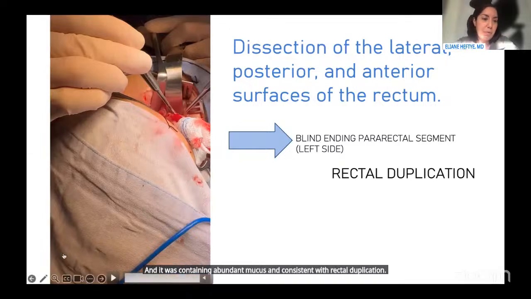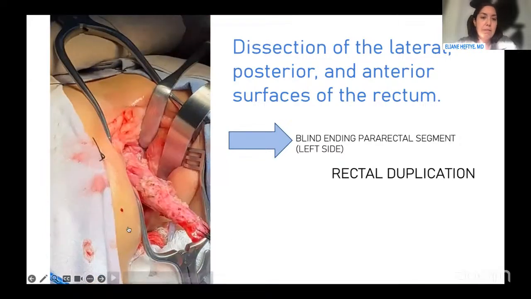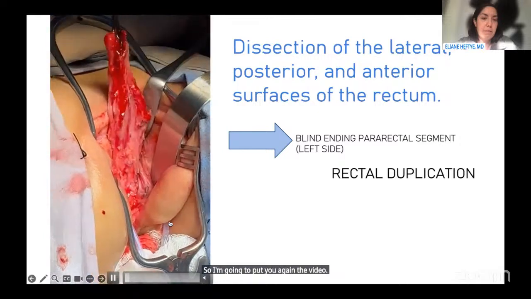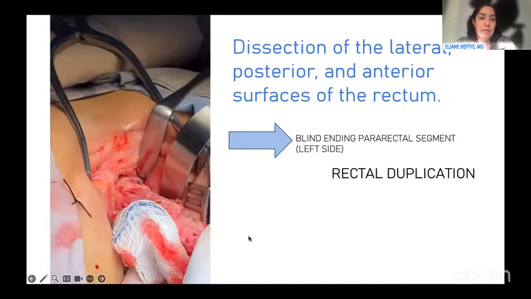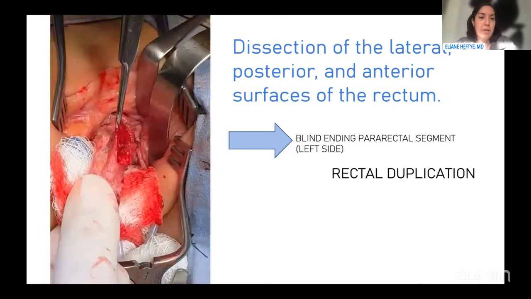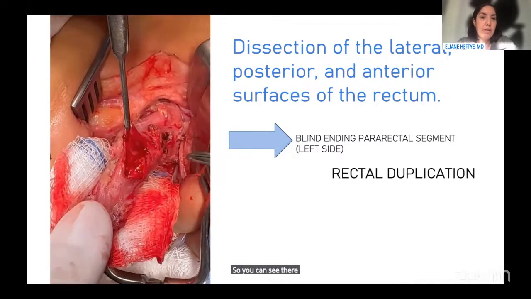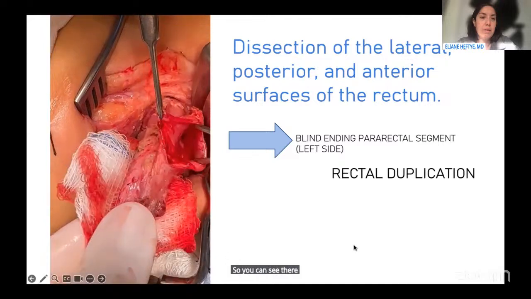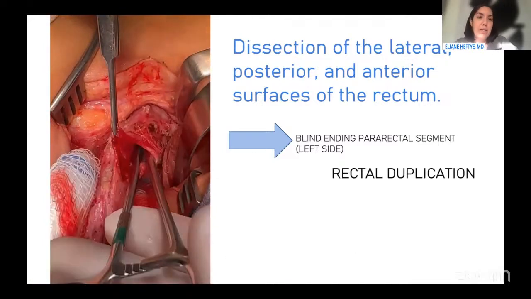I'm going to show you the video again. You can see there it was a blind segment.